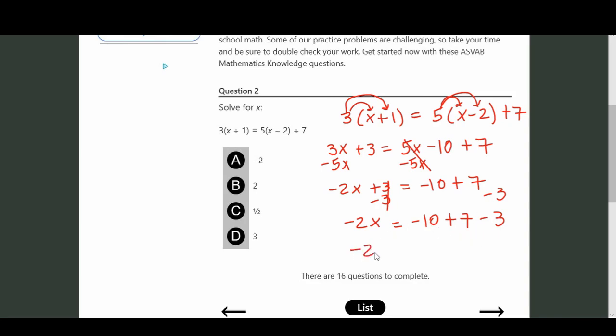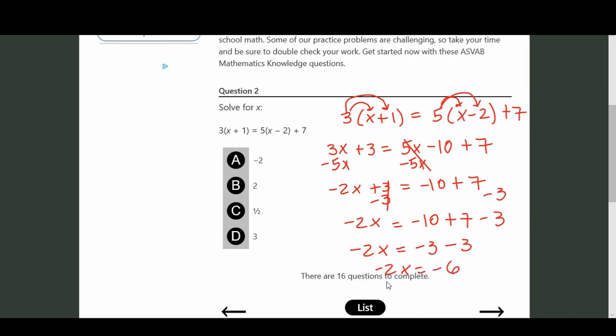So we got negative 2x equals negative 10 plus 7 is negative 3 minus 3. Okay, and so we have negative 2x equals negative 3 minus 3, which is negative 6.